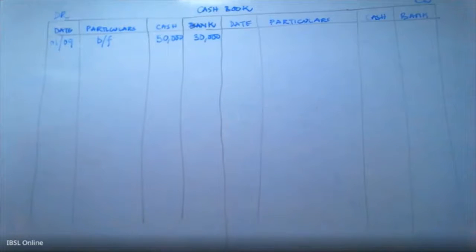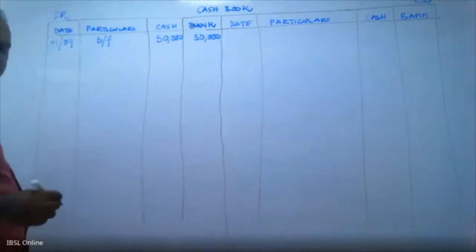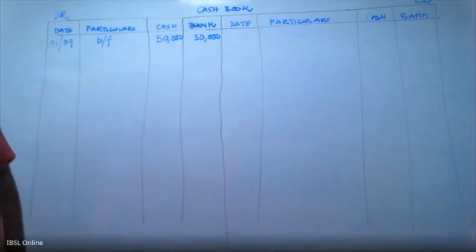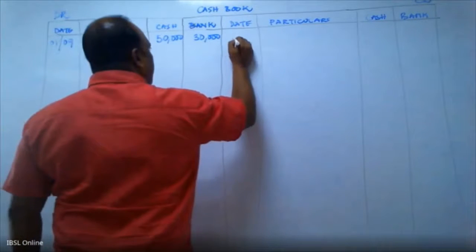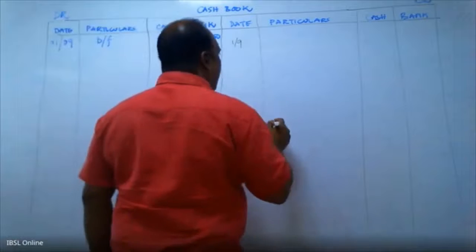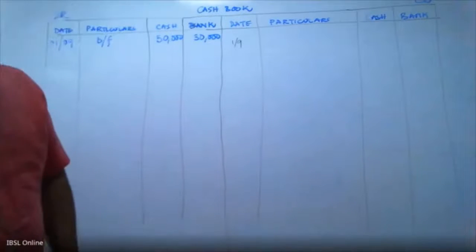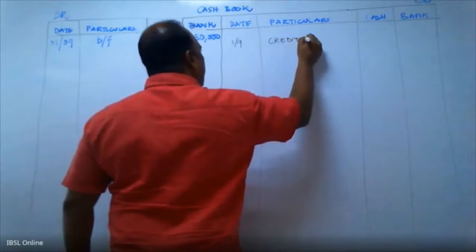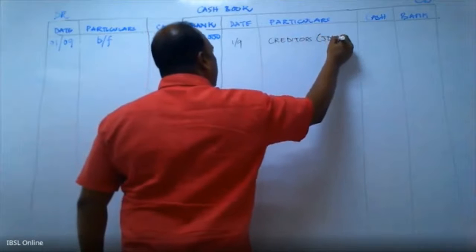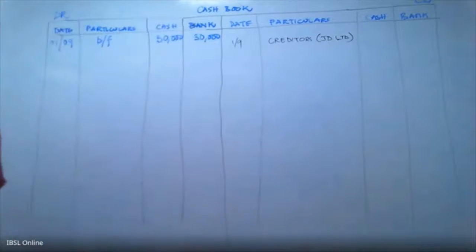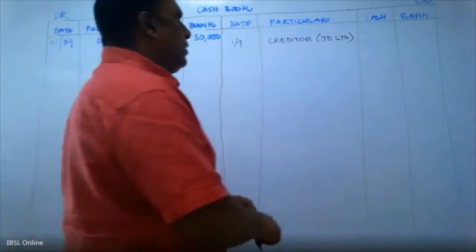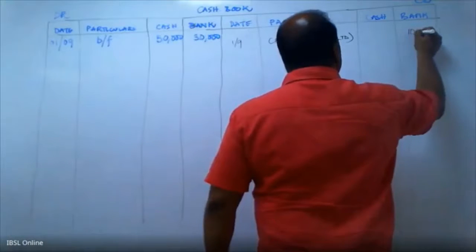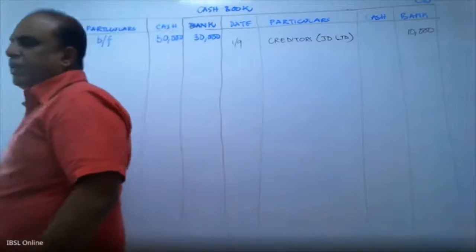As far as MN Company is concerned, I have issued the check, so it has to get paid. So my first transaction would be on 1st of September. If you want, you can say JD Limited, but I would rather prefer saying creditors. I have paid by way of a check, which means I'm going to credit 10,000.